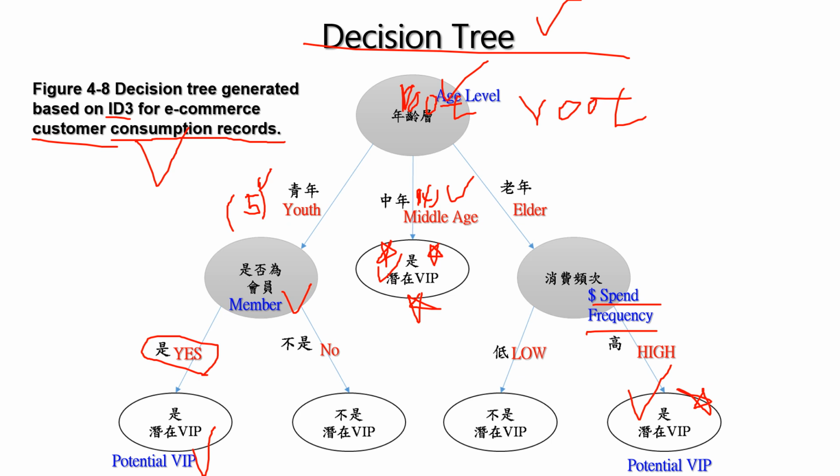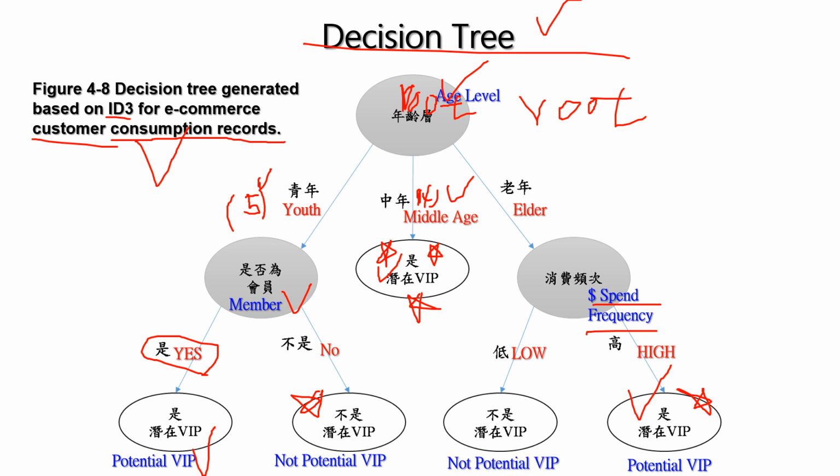The first one is called KNN, okay? KNN. And these two kinds of methods are very good, okay? You can practice in your daily life, okay? Daily life. And this is not a potential VIP, okay? For management decision making, maybe we can skip the youth and non-member, right?